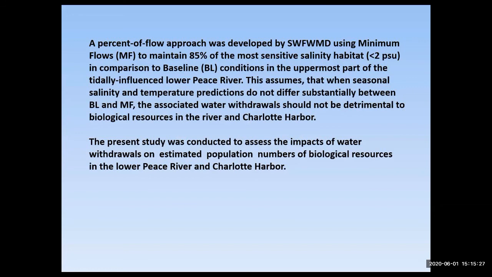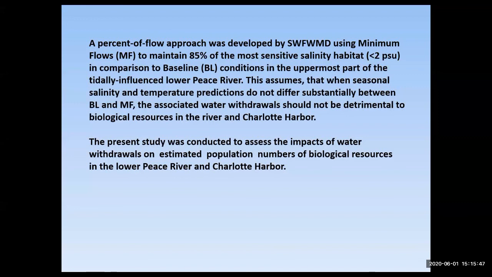Okay, so SwiftMud has developed a percent of flow approach using minimum flows to maintain 85% of the most sensitive salinity habitat, less than 2 PSUs, which I'm just going to call parts per thousand.